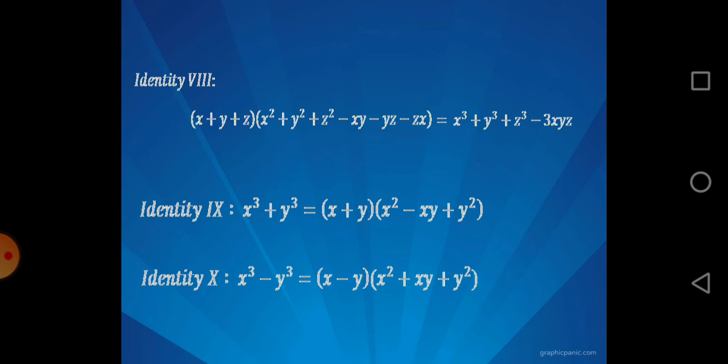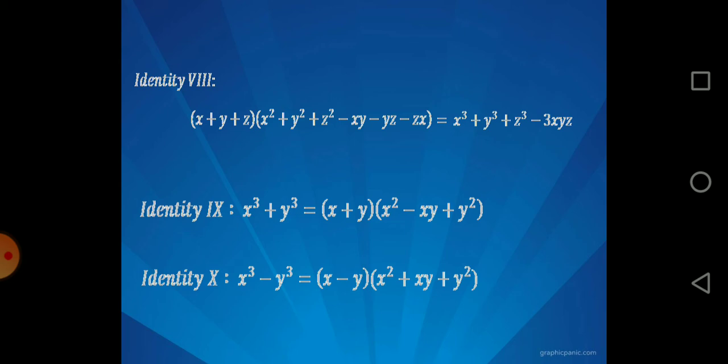So today we are going to learn 3 more identities. The first is x plus y plus z into x square plus y square plus z square minus xy minus yz minus zx is equal to x cube plus y cube plus z cube minus 3xyz.